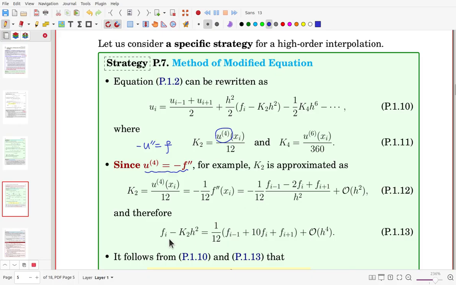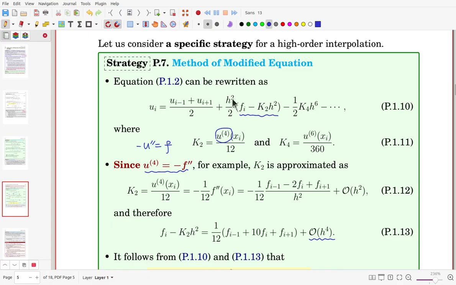So if we consider f_i minus K2 h squared times that term, then because of this multiplication, along with this one, of course modified with that one, the error becomes fourth order.